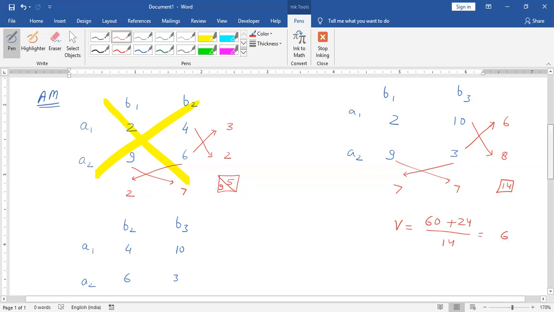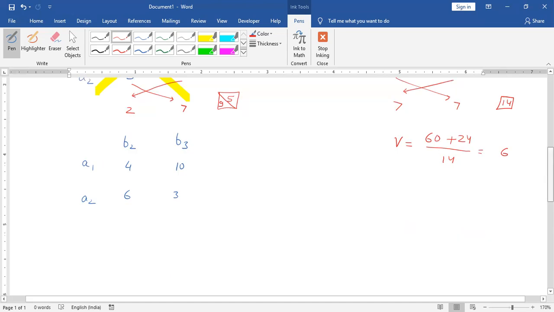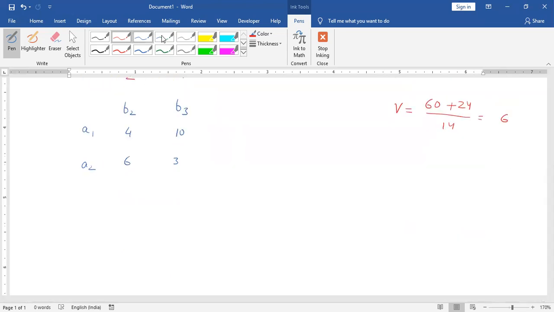Now we calculate the value of the game of our second option.